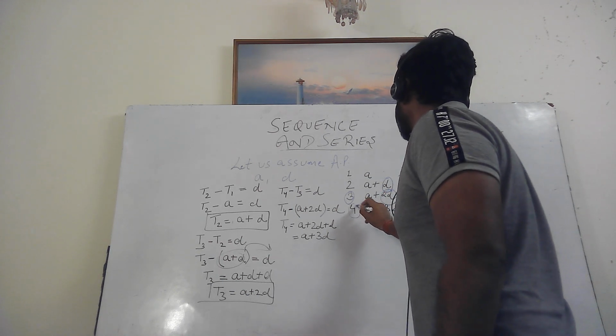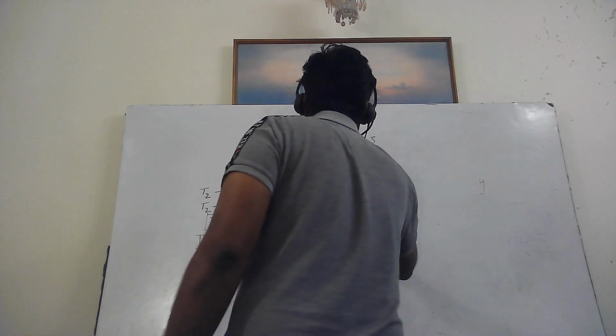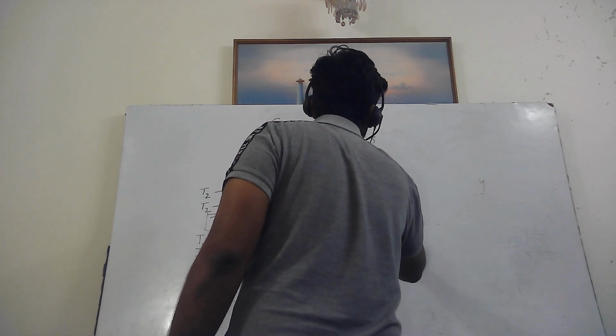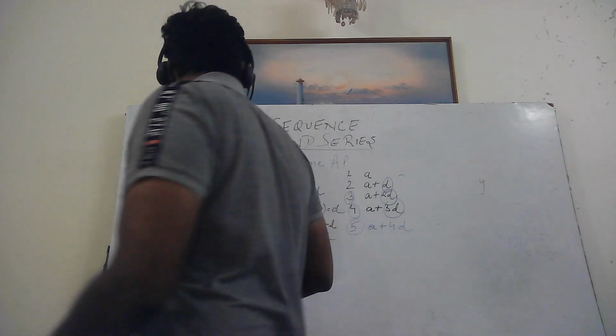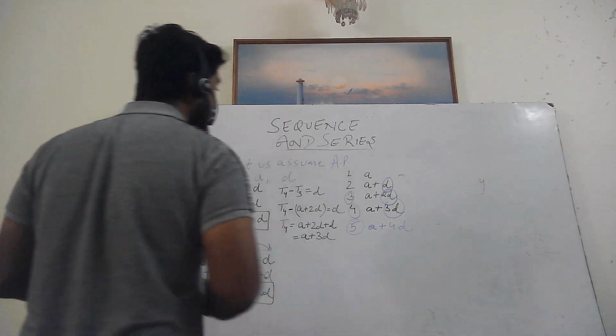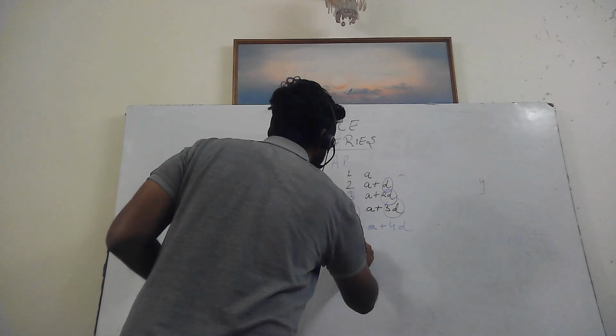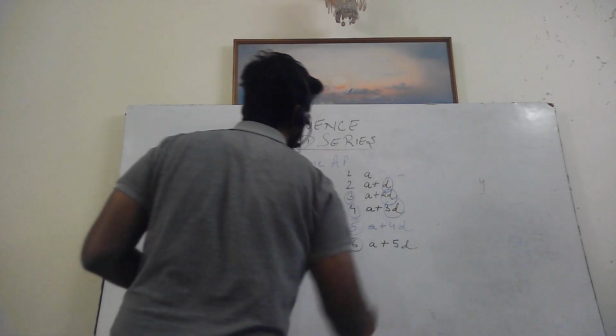In the fourth term we are adding D how many times? 3 times. So in the fifth term, quickly tell me how many times will we add a D? It would be A plus 4D. Just generalizing it. In the sixth term, A plus 5D. You can calculate it.